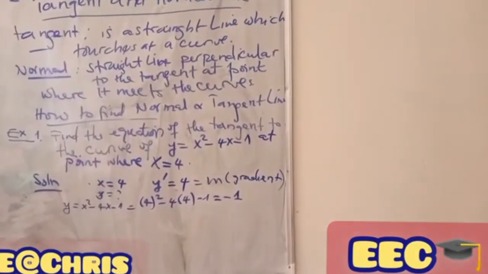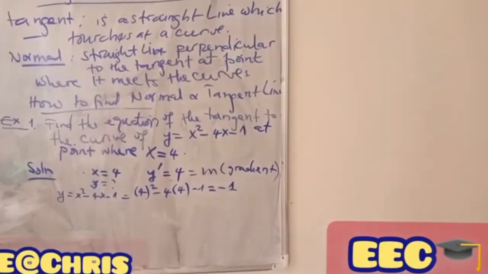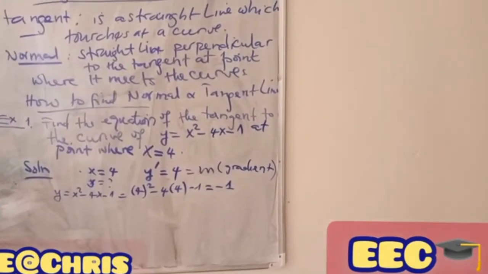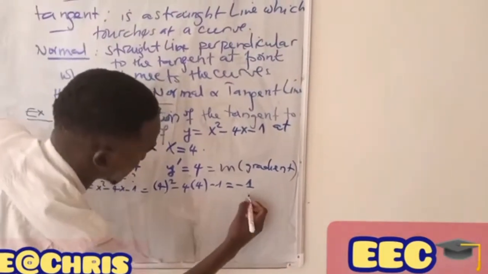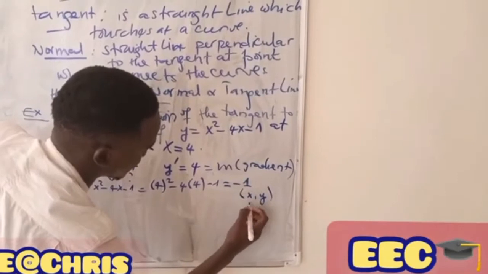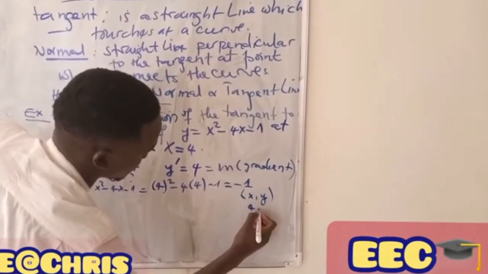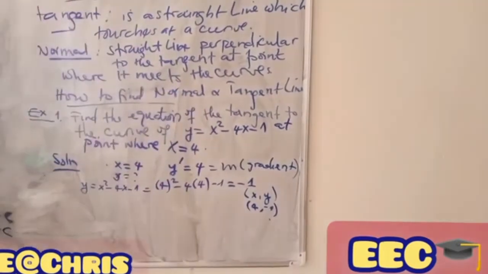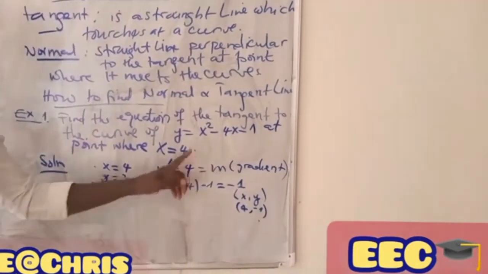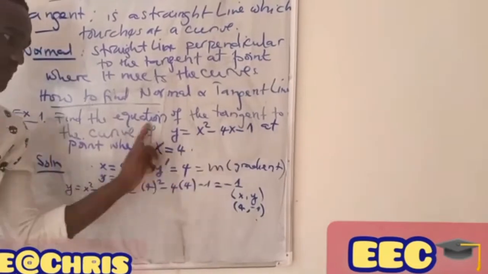So this is the value of y, and the point is x equal to 4 and y equal to negative 1. This is the point we use to calculate our tangent for this function.